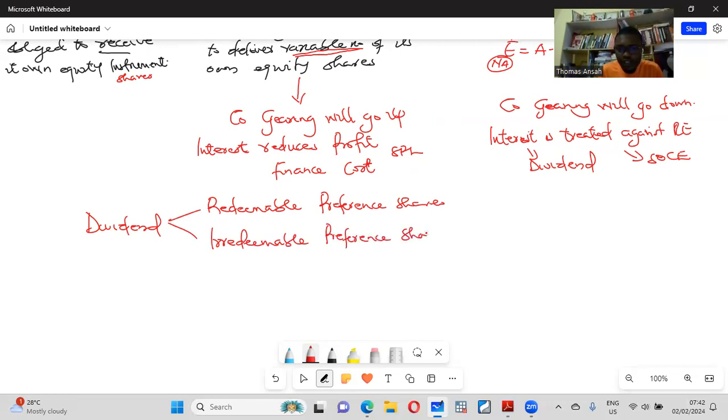It stands to fact that the dividend paid to the redeemable preference shares is treated as finance costs in the SPL because it's a liability. Redeemable, you have a liability. Irredeemable is called a dividend, and that one will be presented in your statement of changes in owner's equity.